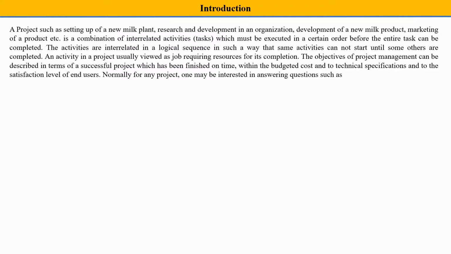So in this way many things are done in a certain way, and all the activities are interrelated. The activities are always interrelated in a logical sequence, in such a way that some activities cannot start until some others are completed. For example, only if the milk is properly pasteurized will the packaging task be taken into action. Otherwise, it is not possible.